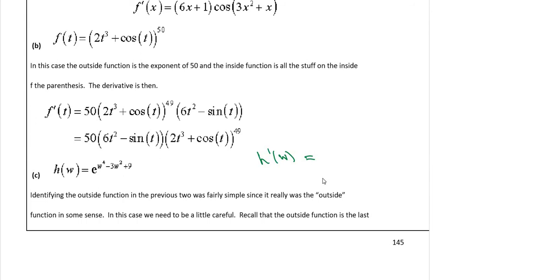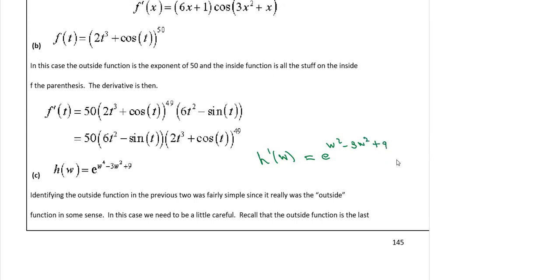Because if you read that, you will read e to the power of. Okay, so e is the function you're going to do first, and then after the "of", that's what you're going to do next. So we do the e first. When we do e first, the derivative of e stays e. So that will just stay exactly like it is.